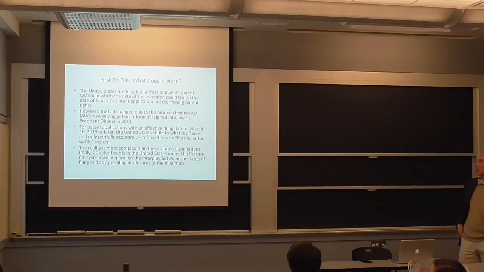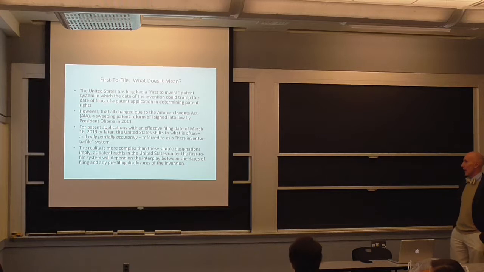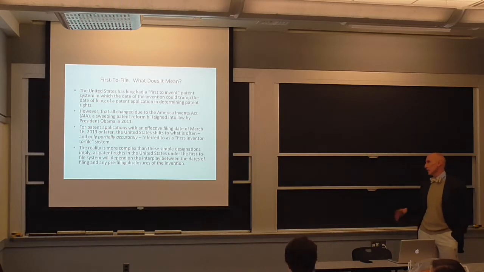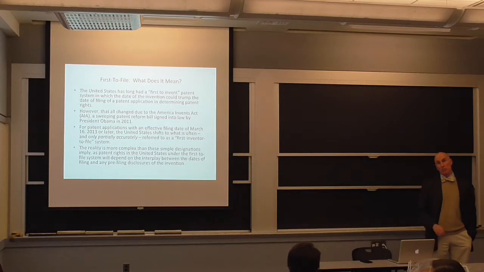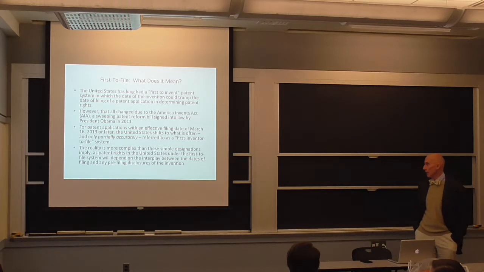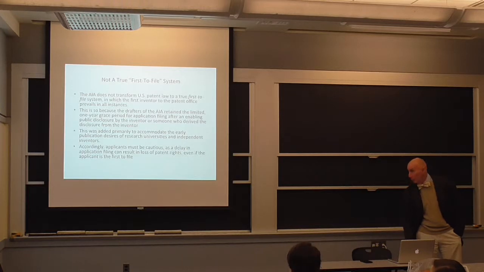For patent applications with an effective date of March 16, 2013 or later, the United States shifts to what is often, and only partially accurately, referred to as first inventor to file. The reality is a little bit more complex than that. These simple designations don't really take into account some of the most important aspects of patent filing. And so that's what we're going to talk about a little bit today.